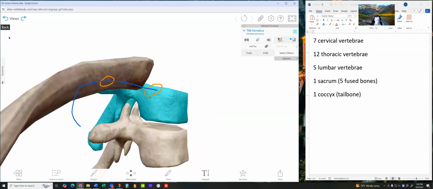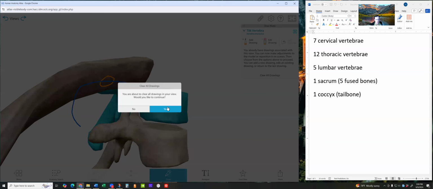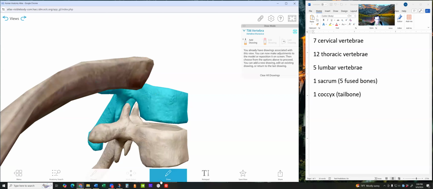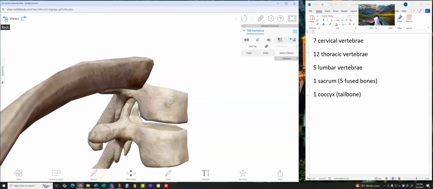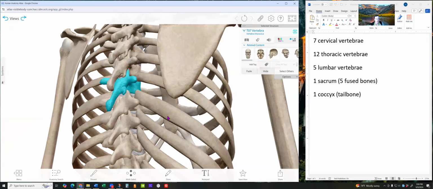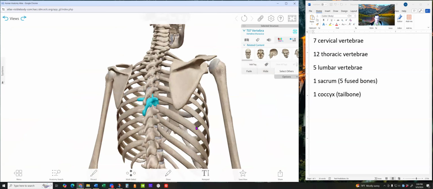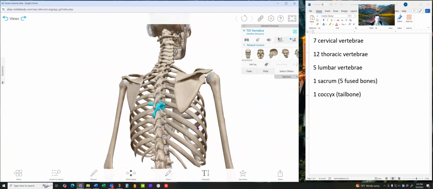Okay, going to go back. All right, going to clear all drawings, and there we go. Going to go up to the left-hand side here, take us back to our full skeleton, okay? All right, so we've highlighted, the first week we were together, the bones of the skull.